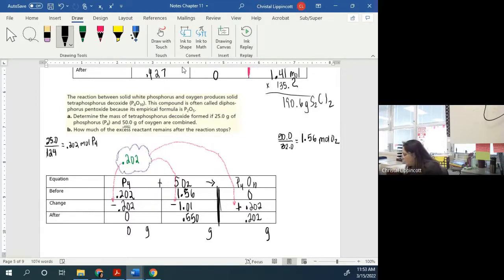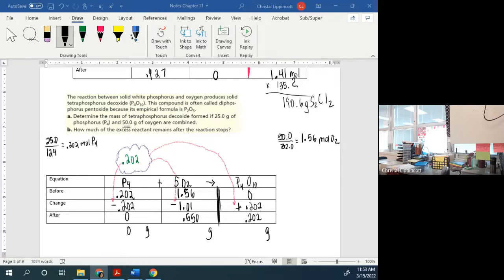Anybody have any trouble getting their table filled in? You have trouble with your table?